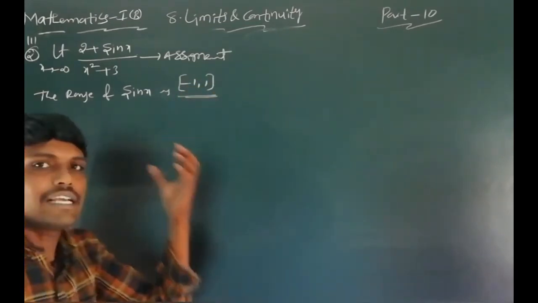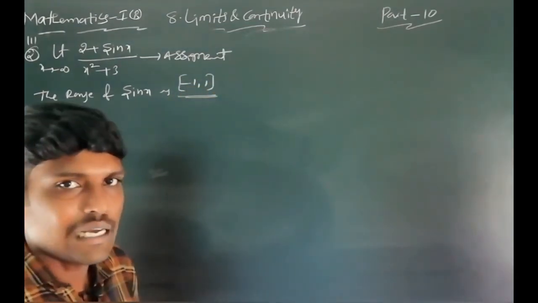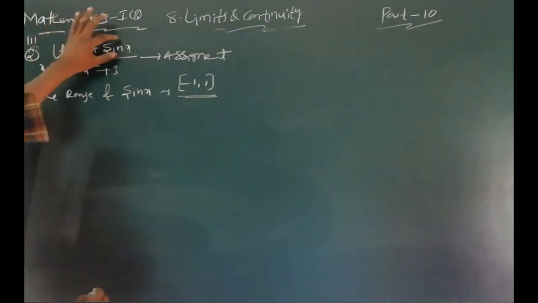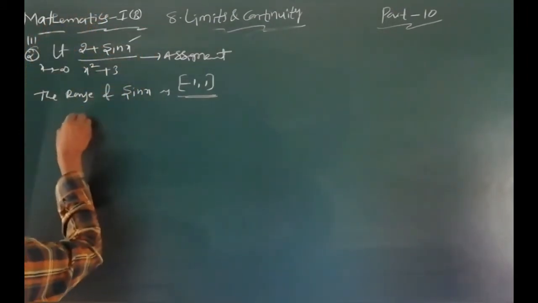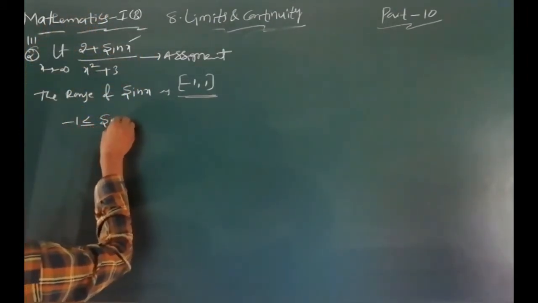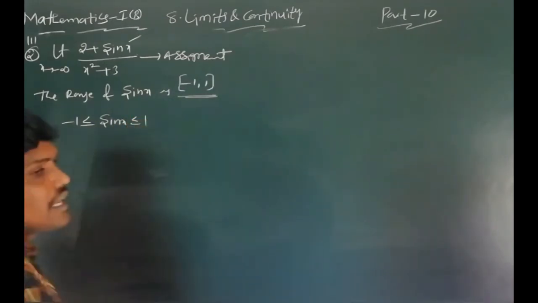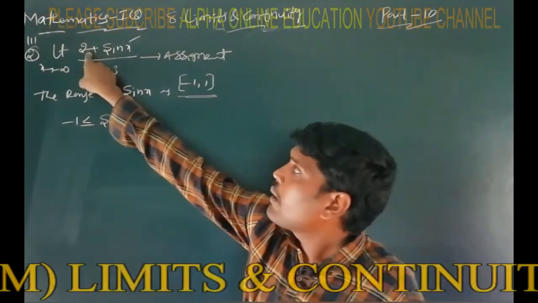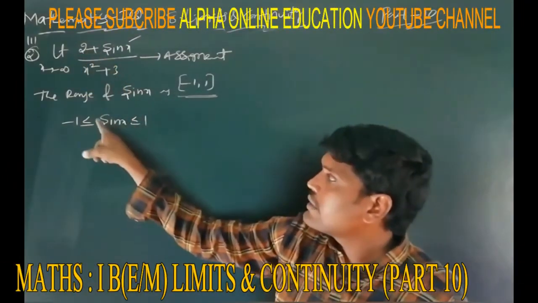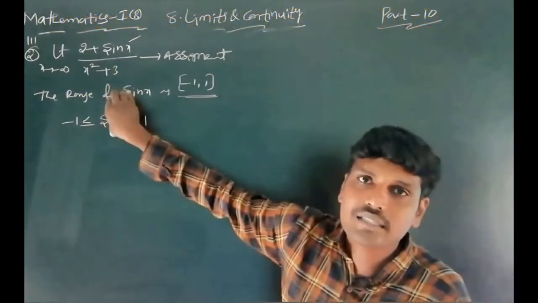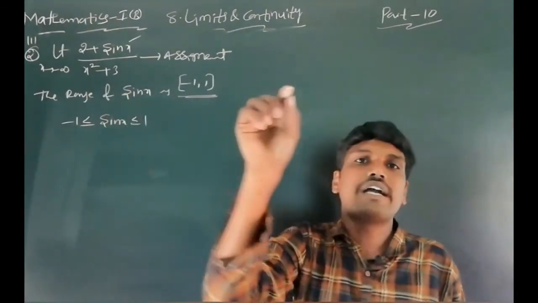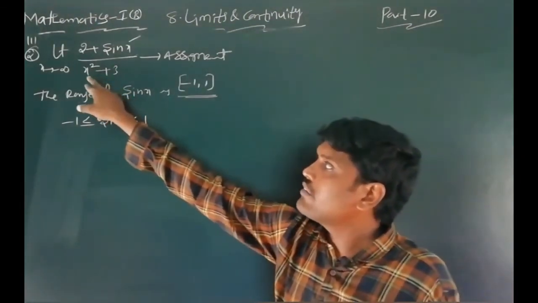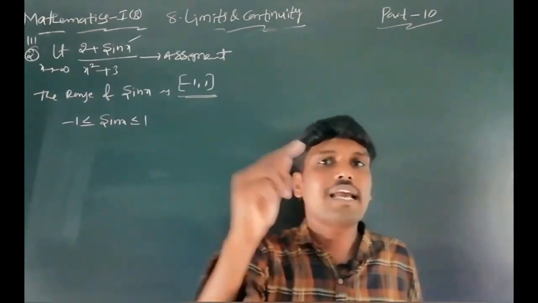This topic was explained in Mathematics 1A trigonometry, right? Here the sin x range is minus 1 less than or equal to sin x less than or equal to 1. This is the condition. In this condition, add 2 on both sides, since we have 2 plus sin x. After that, divide both sides by x square plus 3.